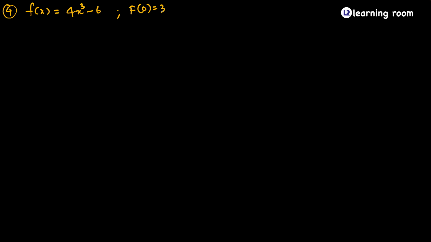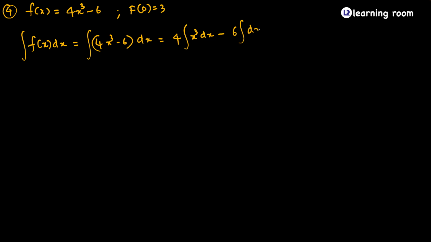Now, if f of x is this value, what is going to be the integral of f of x dx? That is the antiderivative. So this will be integral of 4x cube minus 6 times dx. So take 4 outside, 4 into integral of x cube dx minus 6 into integral of dx. Did you understand what I did?